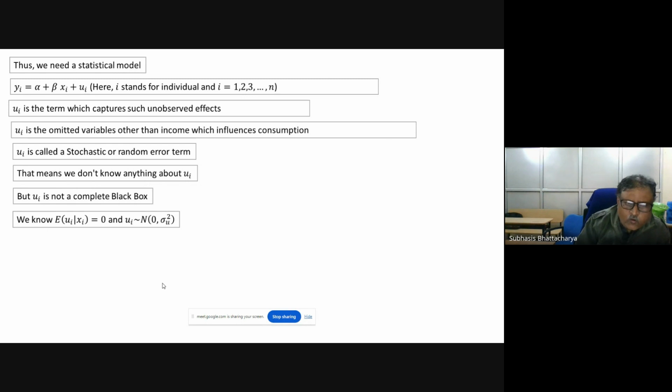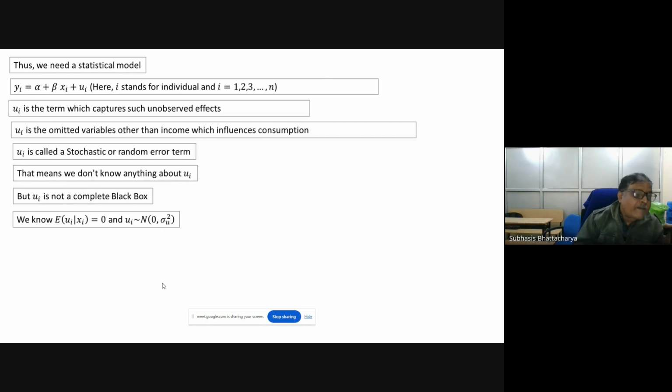What do we know? These unobserved variables behave in such a way that if we take the average of these unobserved effects, it equals 0.